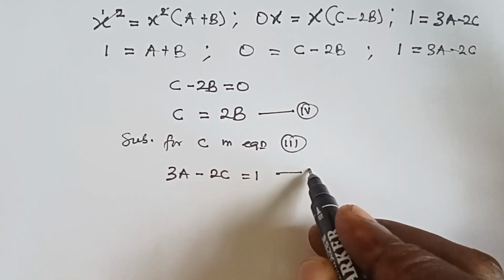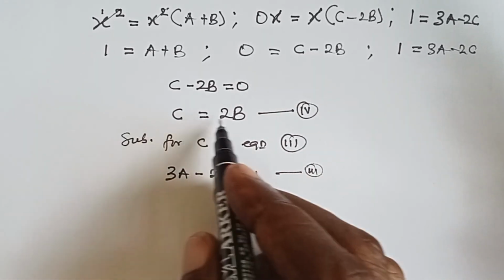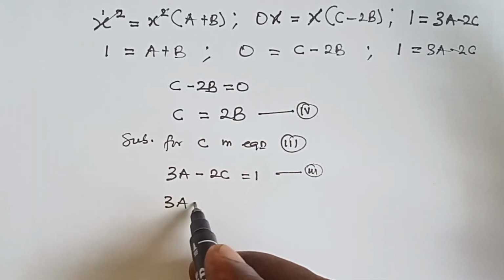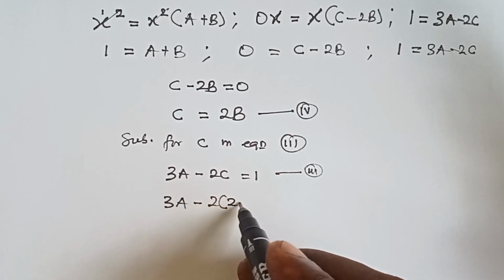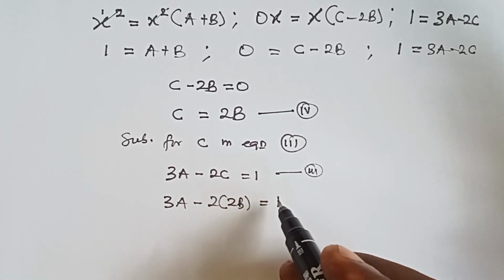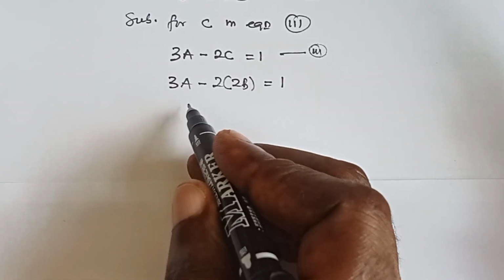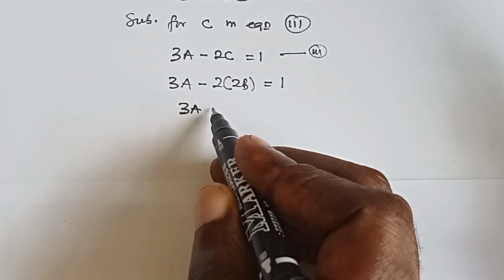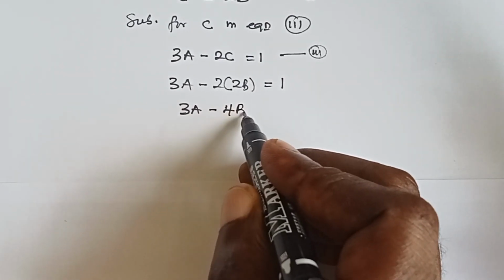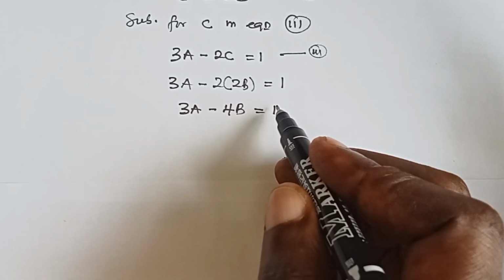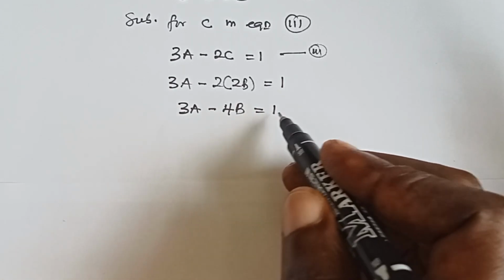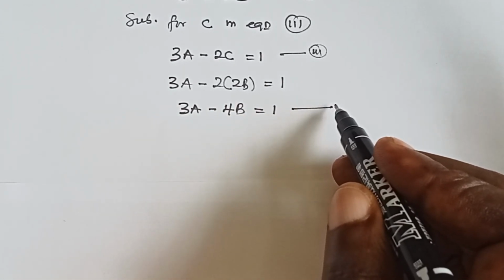So anywhere you see c, you write 2b. So we have 3a minus 2 times 2b equals to 1. Okay, so from there, it means 3a minus 4b equals to 1. Right, so this is another equation, and we can call this one equation 5.